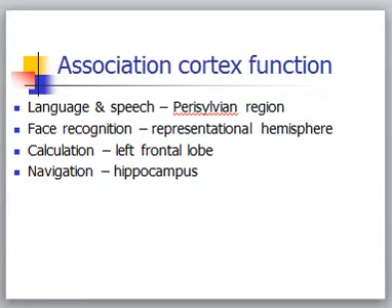Due to its specialization in language function, the dominant hemisphere is better referred to as the categorical hemisphere, and the non-dominant hemisphere is also known as the representational hemisphere. I hope you understand. What does dominant mean? I should give a good example. Just think that there are two types of hemisphere.